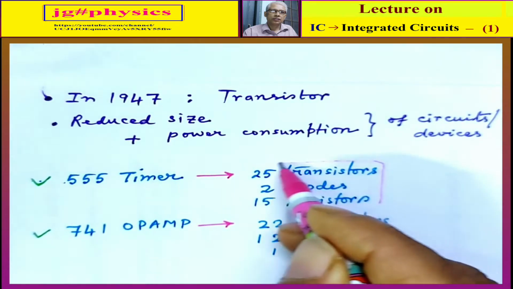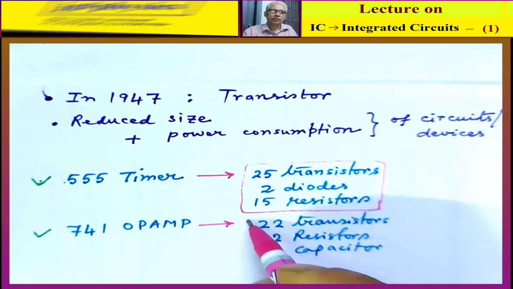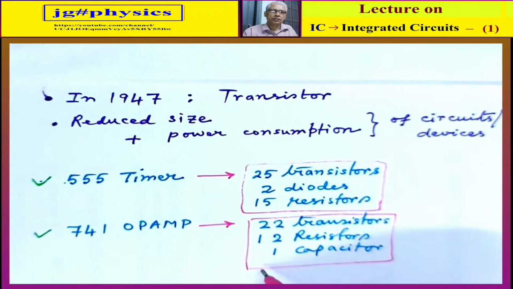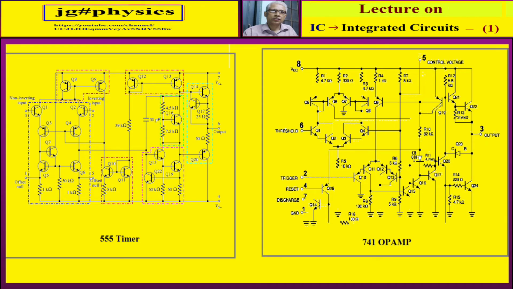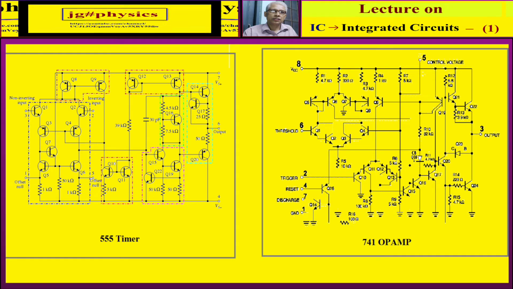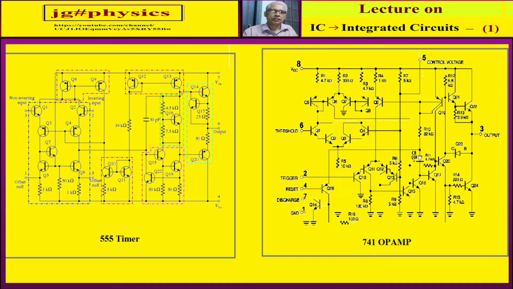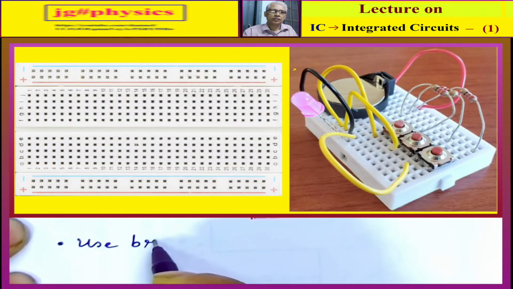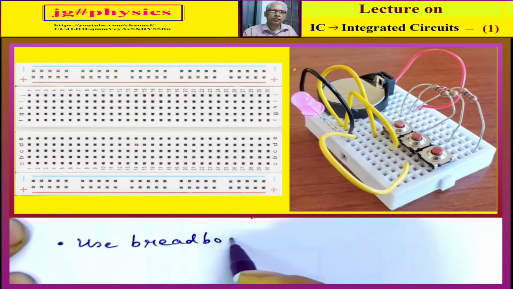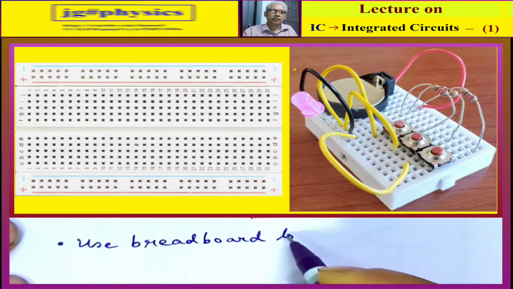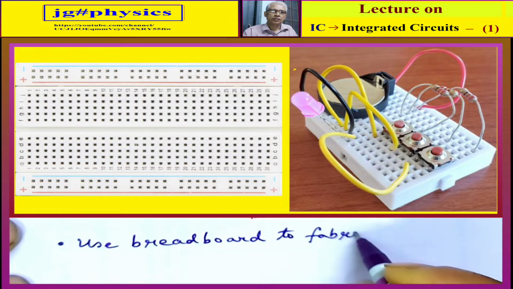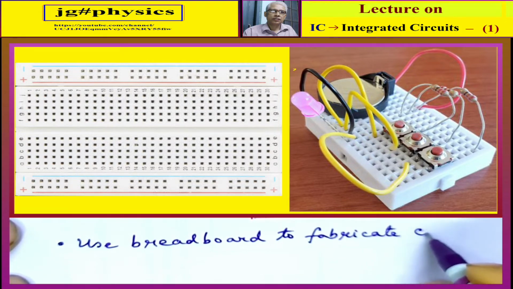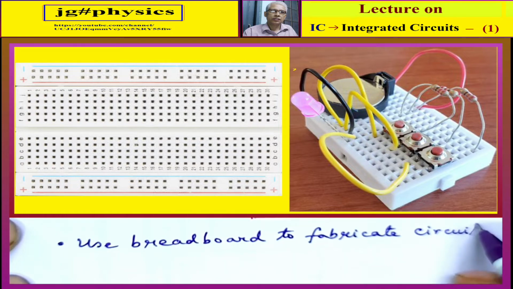Having drawn a schematic diagram or having proposed a structure which is definitely very complicated, it looks awesome. To be precise, how would we form or fabricate it? One way is to use a breadboard and fabricate the circuit on the breadboard.